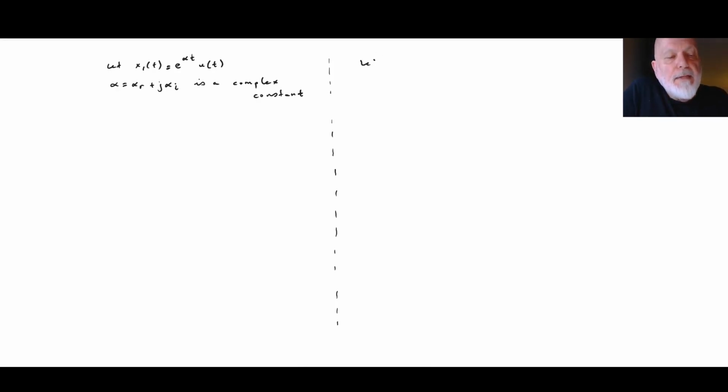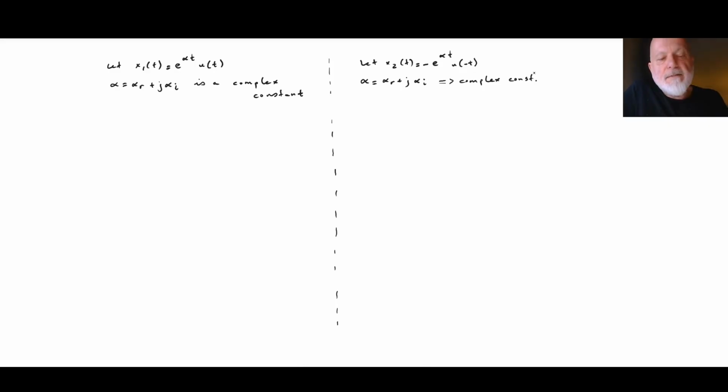Now x2 of t is defined as follows. It is minus e to alpha t u of minus t. And alpha is again alpha r plus j alpha i, the complex constant.